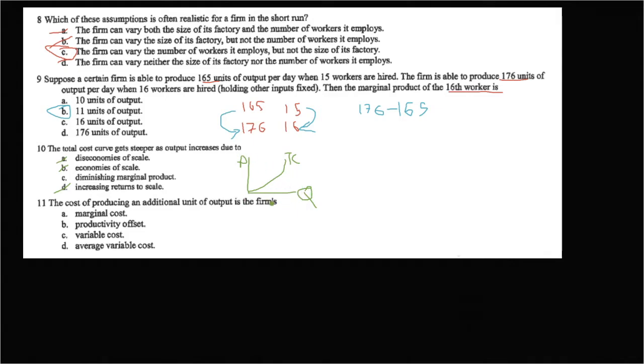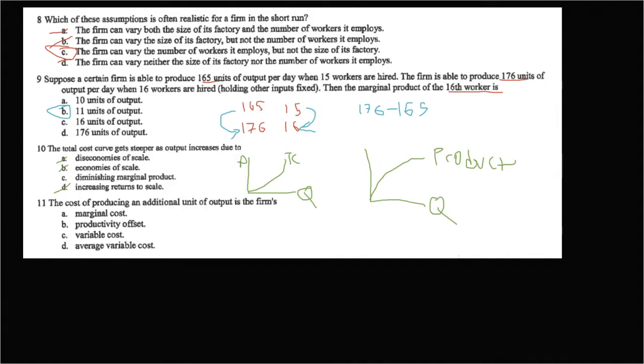So as the quantity increases, the total cost is increasing at an increasing rate, because we saw that as the quantity of workers increased, the output was increasing but at a decreasing rate.